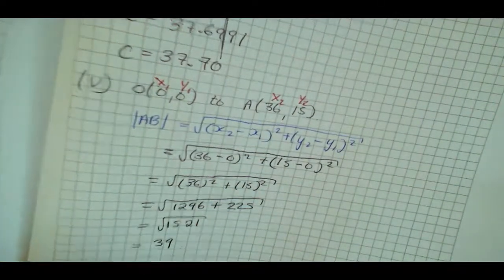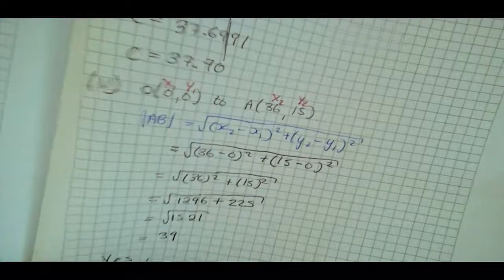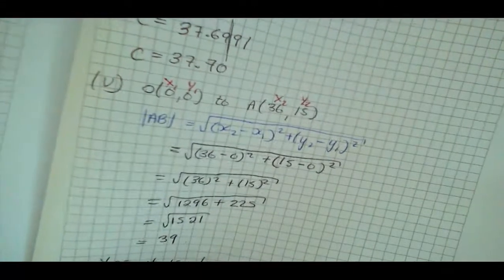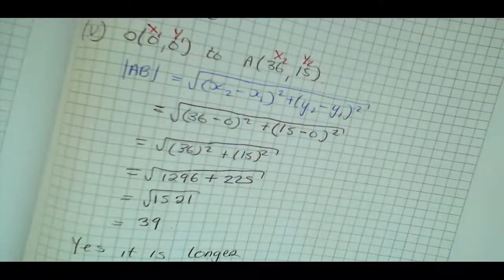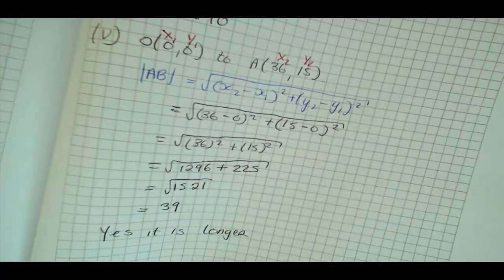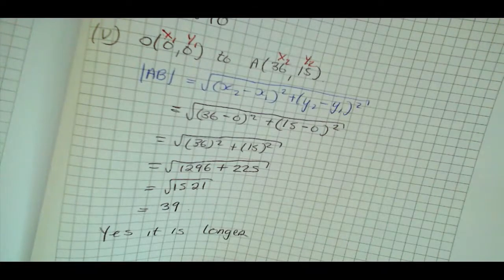So yes, the line segment is longer because the distance from O to A is longer than the length of the circle. The length of the line segment is 39, the length of the circle is only 37.7. So it is longer there.